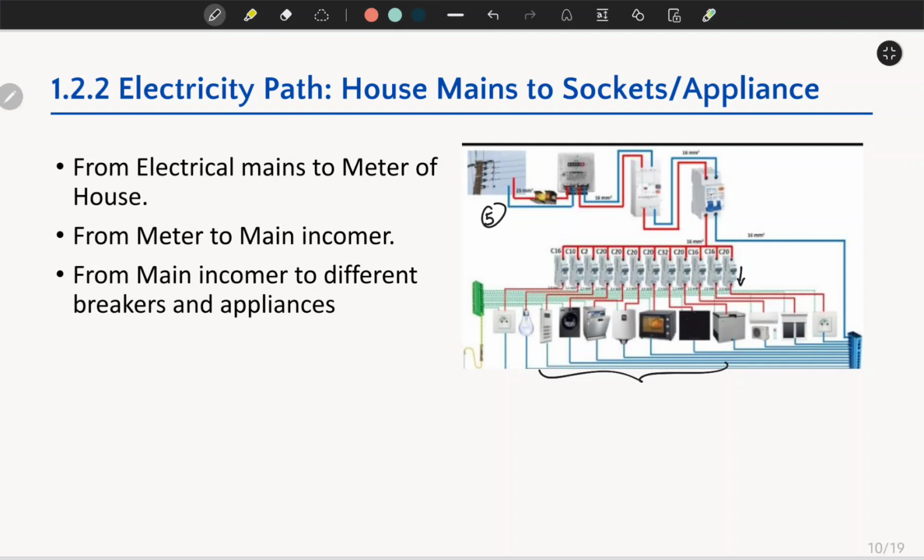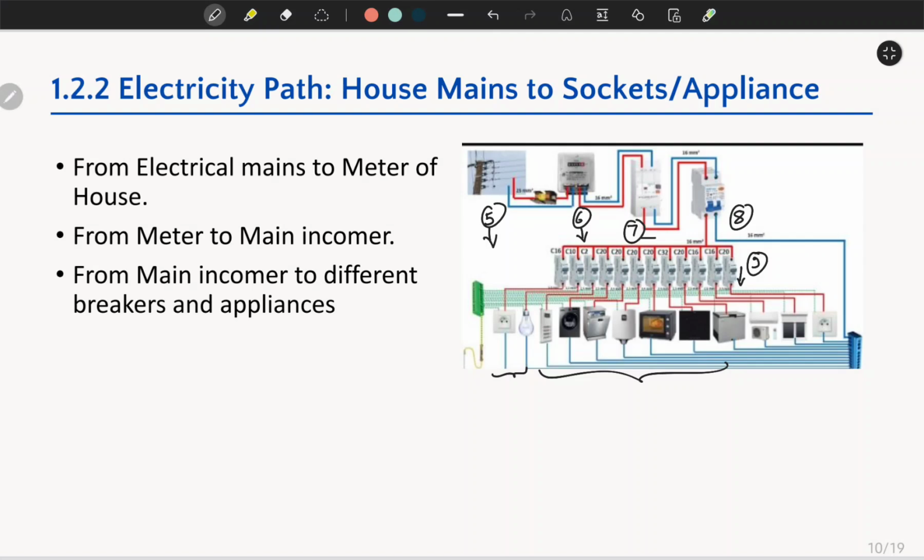These are my appliances, or this is my sockets. So the different components involved are these. Fifth one is my electrical mains. Then it goes to the electrical meter, the power measurement device, which is used for billing purposes.